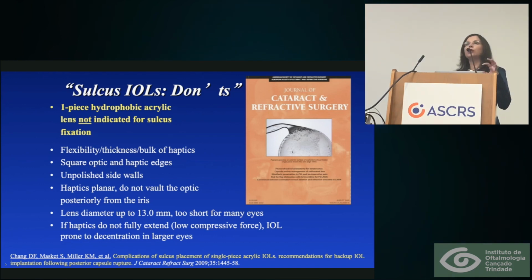Also, the side walls are unpolished, and that's done on purpose to prevent glare and this type of aberrations. These lenses usually have a planar design, so they do not vault the optic posteriorly from the iris. And also the diameter is not enough. It's up to 13 millimeters, which may be too short for many eyes if the lens is in the sulcus. And if the haptics do not fully extend because they have low compression forces, the IOL is prone to decentration in larger eyes.